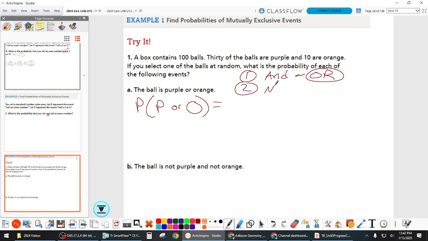Question 2, mutually exclusive or not mutually exclusive. It's mutually exclusive because it can't be orange and purple. It can't be both things at once. So, what's our formula for this?